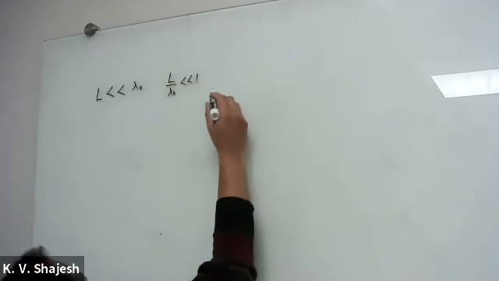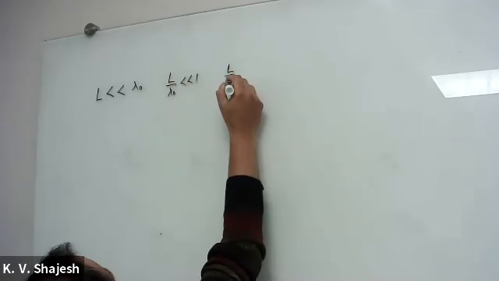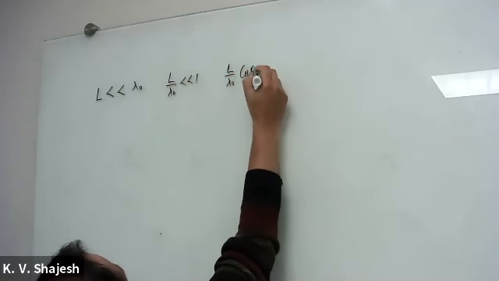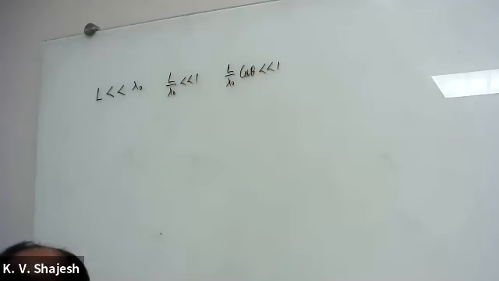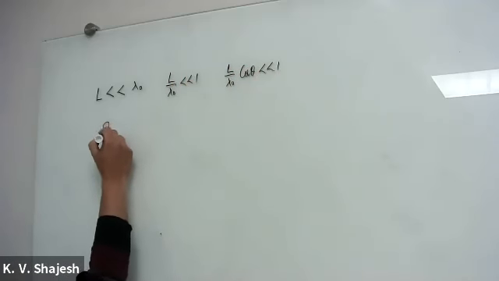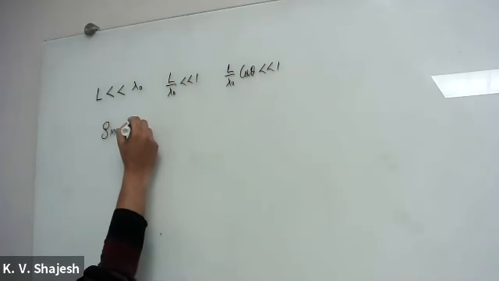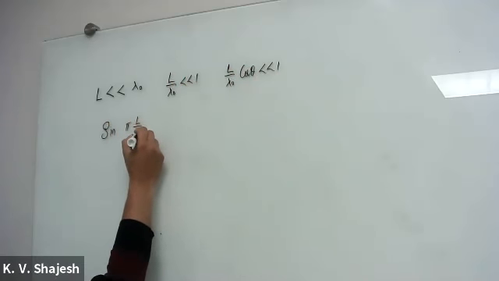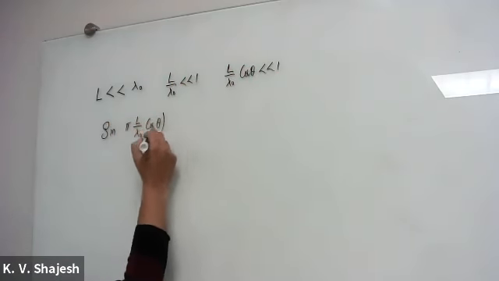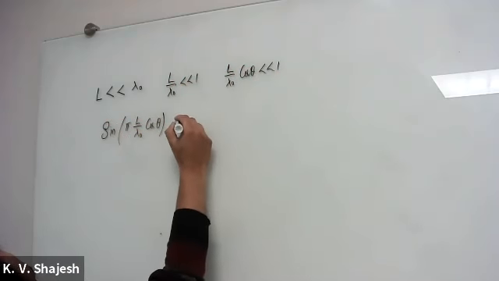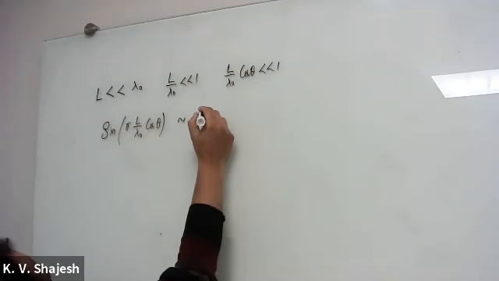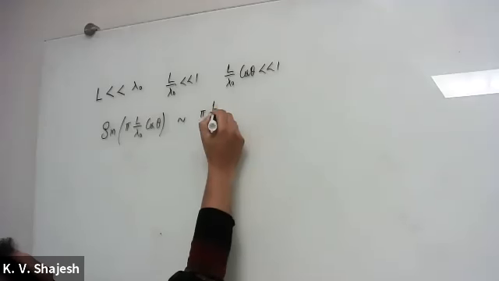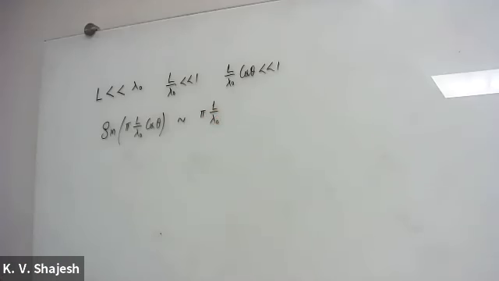Since cosine theta is anyway less than 1, the product will be very much less than 1 also. If that is small, sine of pi L over lambda naught times cosine theta is approximately equal to pi L over lambda naught.